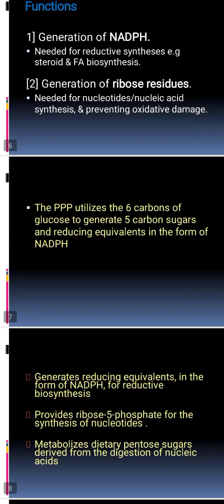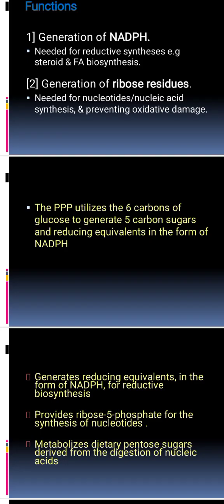So pentose phosphate pathway will utilize the 6 carbons of glucose, because we already said that pentose phosphate pathway is one of the oxidative pathways of glucose. So it will utilize the 6 carbons of the glucose and generate a 5 carbon sugar, which is ribose, and reducing equivalents in the form of NADPH.